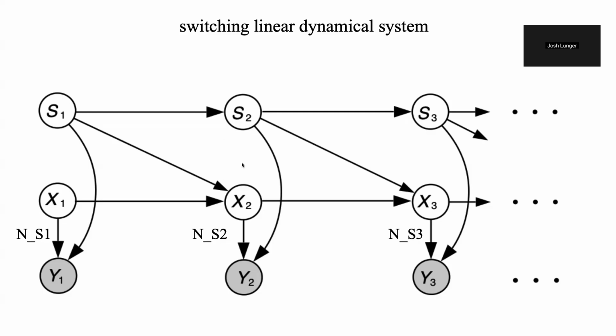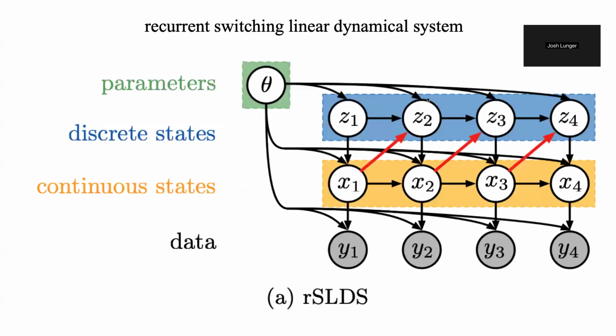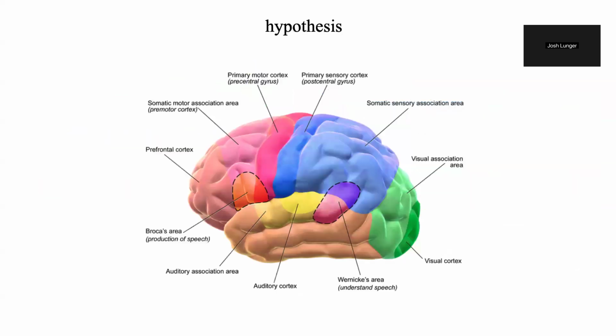But if it's doing a task that depends on some end, like getting food, then that can't be expressed by this model. So this is more in line with my background reading. This is a recurrent switching linear dynamical system, and all it does is introduce this edge from the continuous latent state to the discrete state, which allows it to have this expressivity where it needs to reach some continuous latent state configuration in order to transition to the next discrete state.